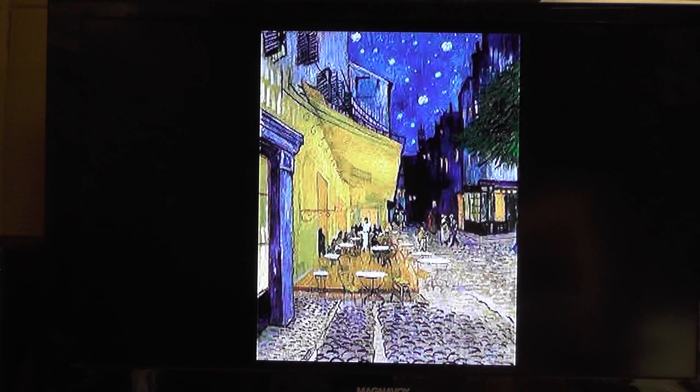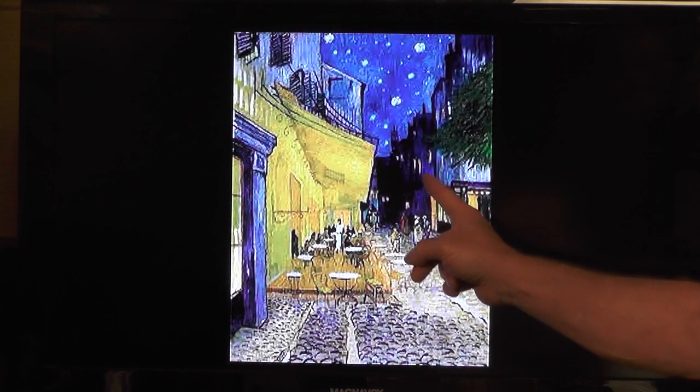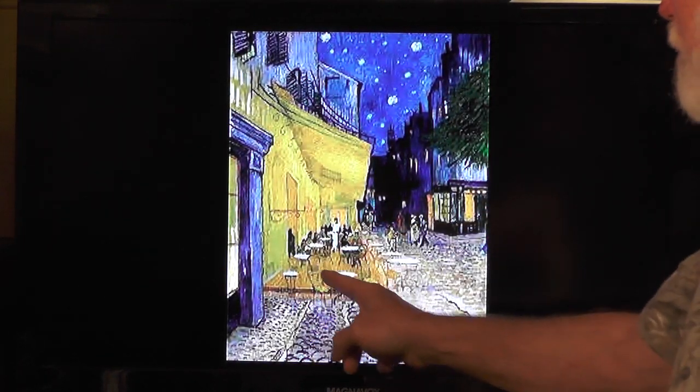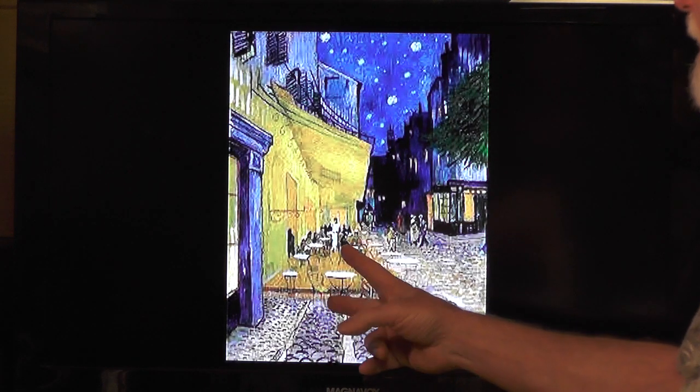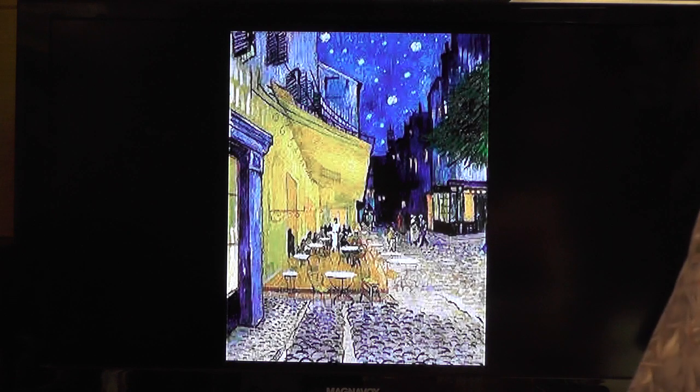For instance, with this picture here, Vincent van Gogh's picture, he has 2 sets of complementary colors. He has yellow and purple, they're opposites, and he has blue and orange right there. Those are opposites. So blue and orange, yellow and purple, or yellow and violet, they're complementary.